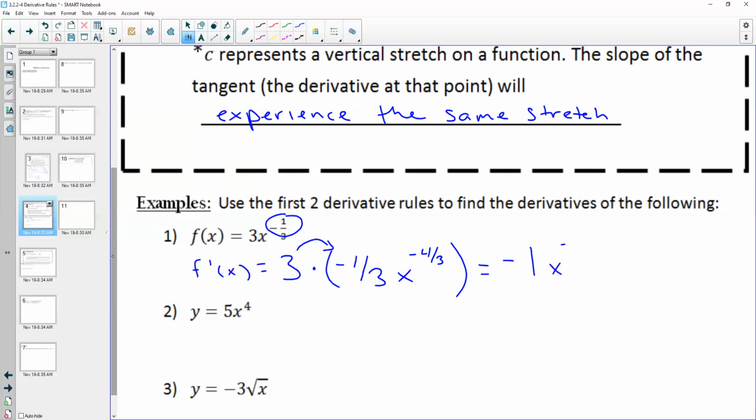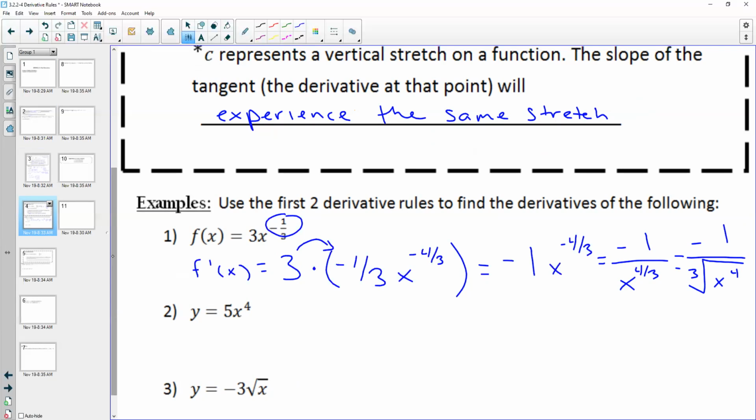X to the exponent negative 4/3. Okay, so we can rewrite this as negative 1 over x to the 4/3. And this can be rewritten as negative 1 over the cubed root of x to the 4.